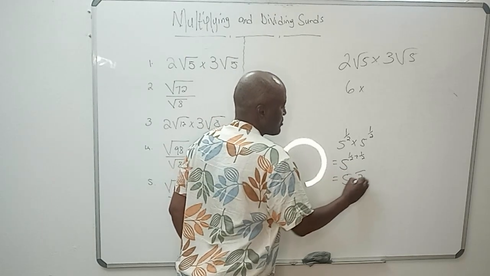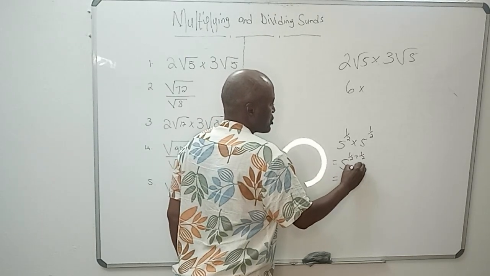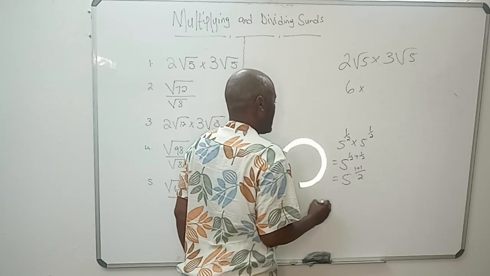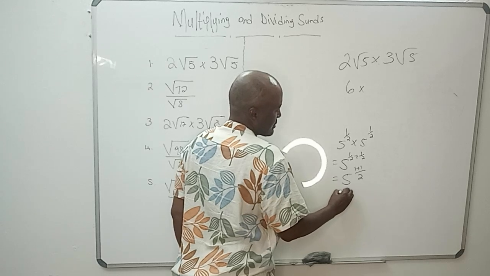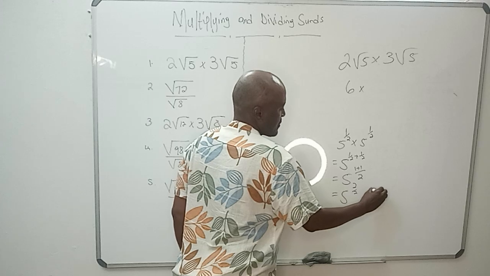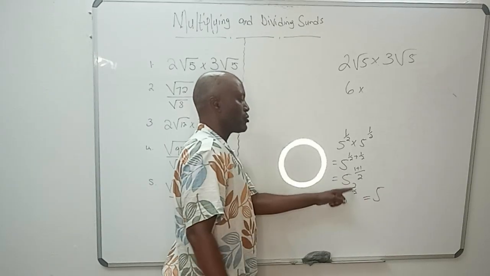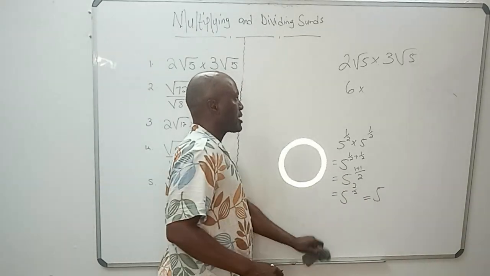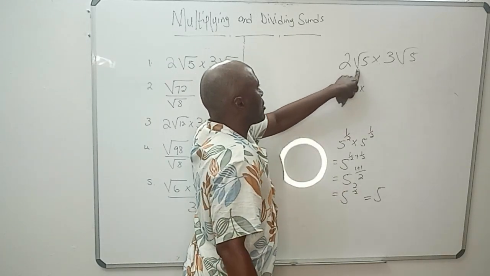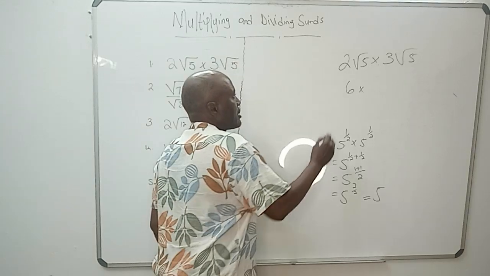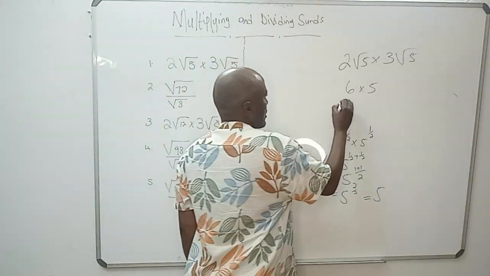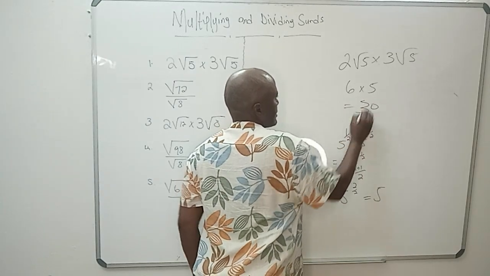You take one denominator and add the numerators, which is 1 plus 1, and the answer is 2 over 2, which is 5, because 2 over 2 is 1. So when multiplying two roots of the same number, the answer is that number itself, so then we get 6 times 5, which is 30.